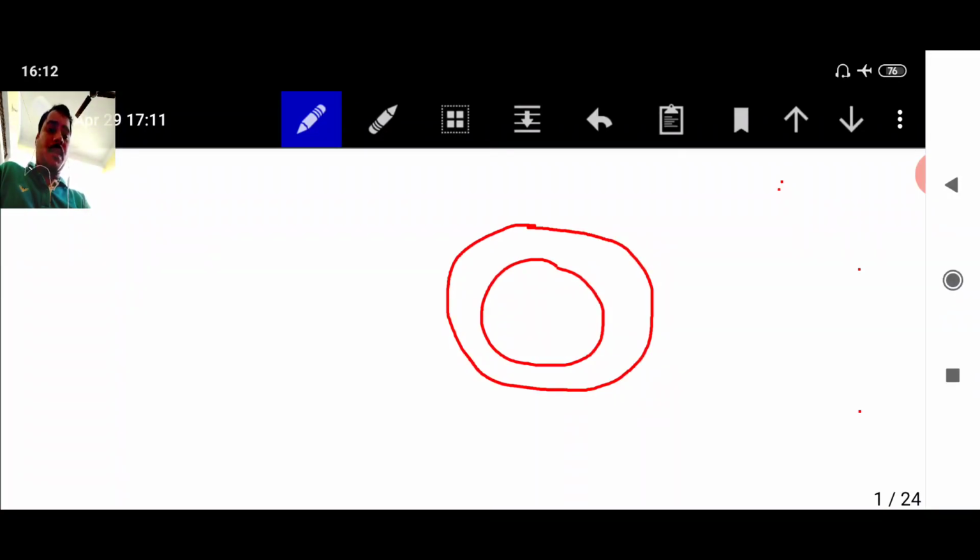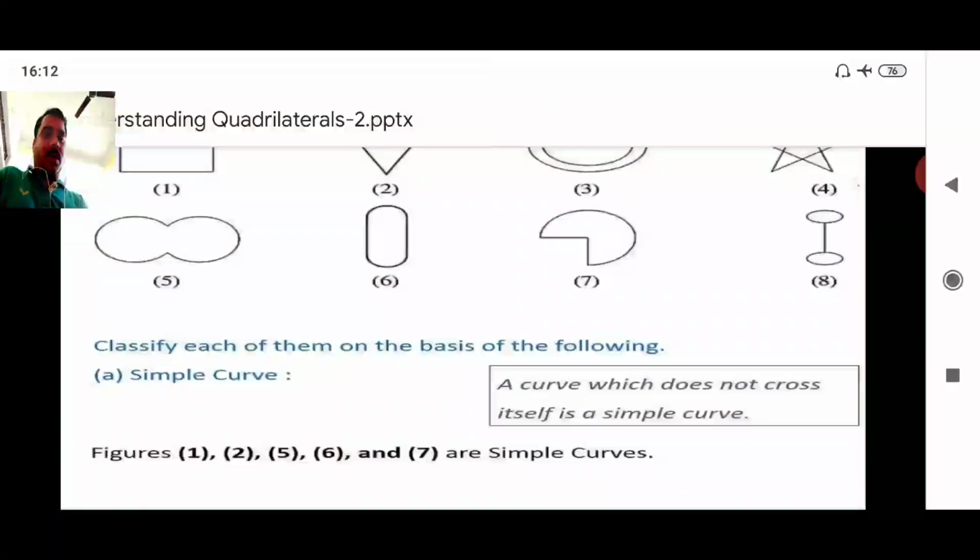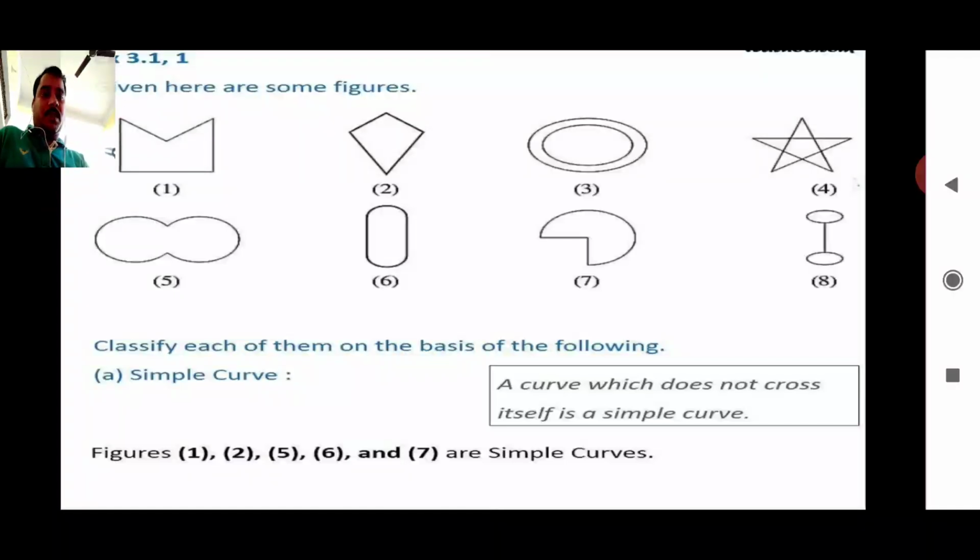But here we cannot draw this figure without lifting the pencil or pen from the paper. So, it is not simple, okay, clear it. So, here first, second, sixth, seventh, fifth are simple curves, means first, second, fifth, sixth and seventh.